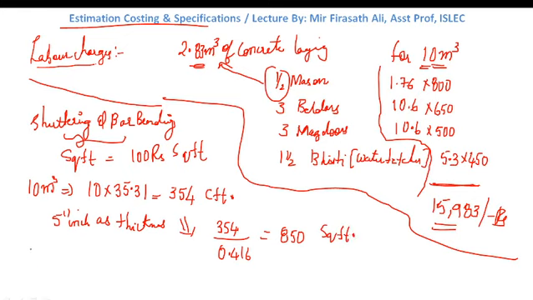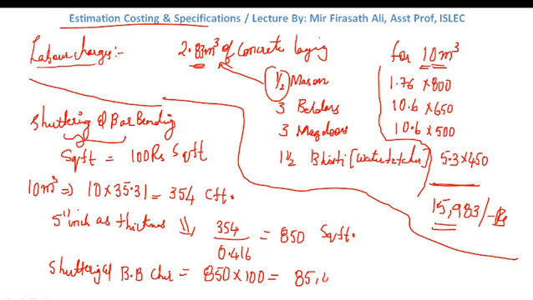So shuttering and bar bending charges equal 850 square feet into 100 rupees, approximately ₹85,000.